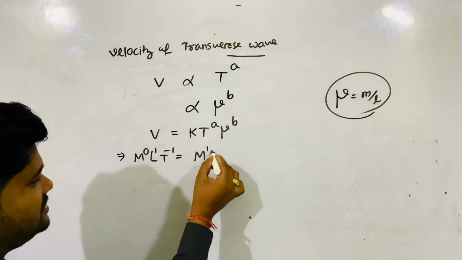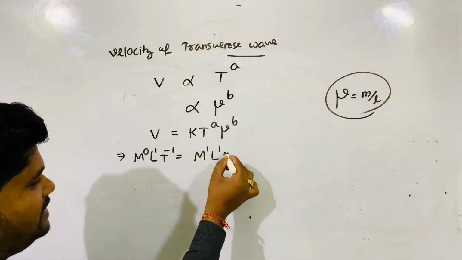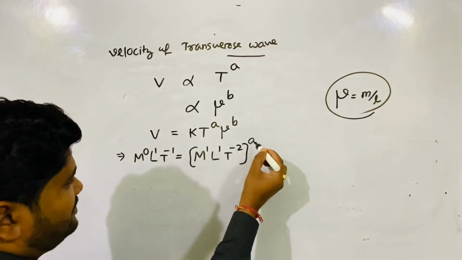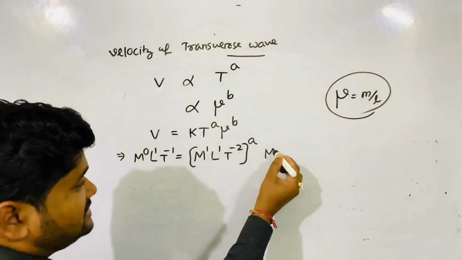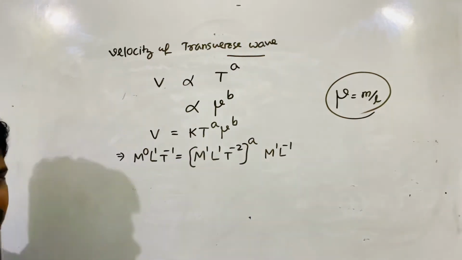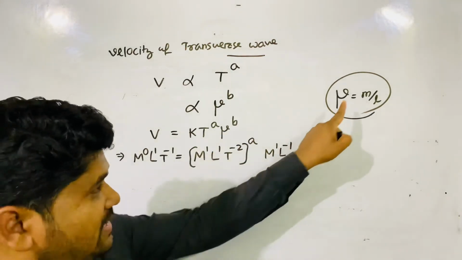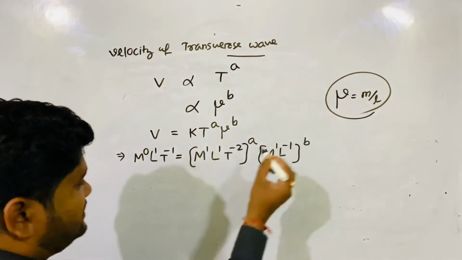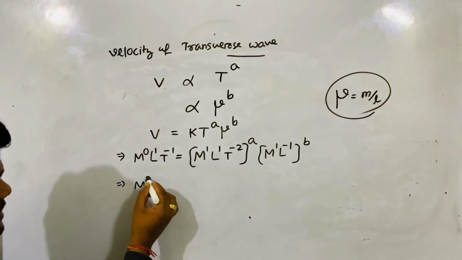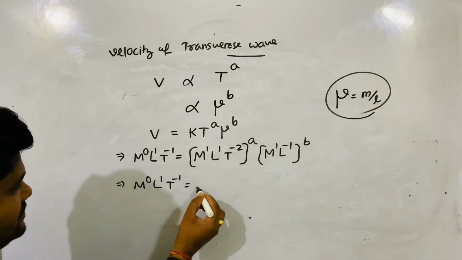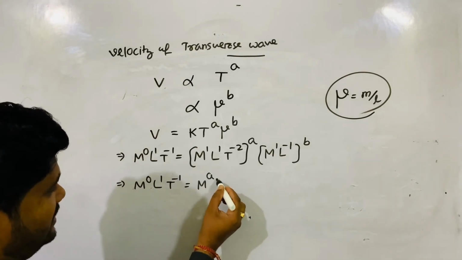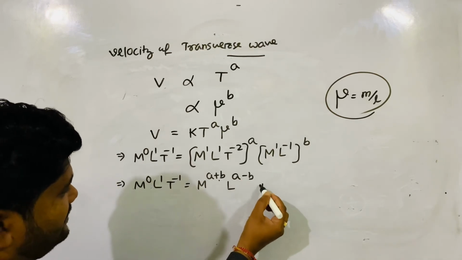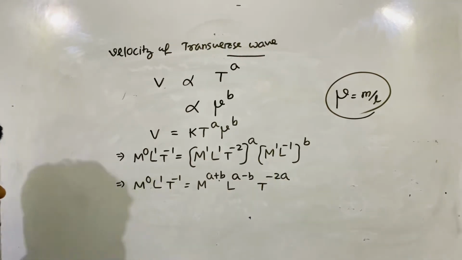Tension is force, so M^1 L^1 T^-2, to the power a. Mu is mass per unit length, so M^1 L^-1, to the power b. Then M^0 L^1 T^-1 equals M^(a+b) L^(a-b) T^(-2a).